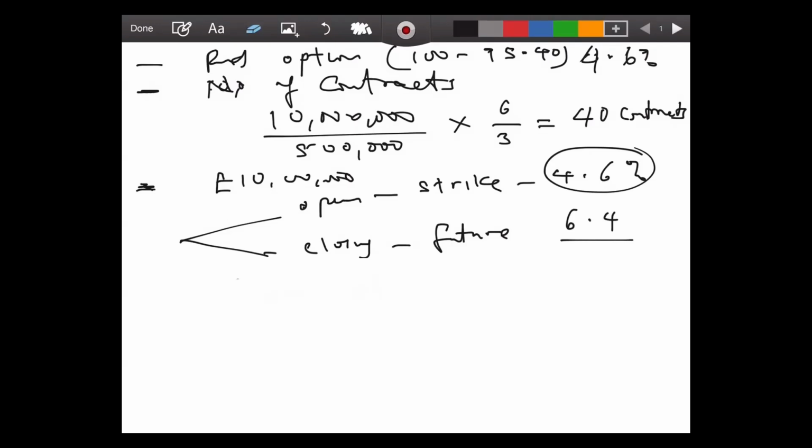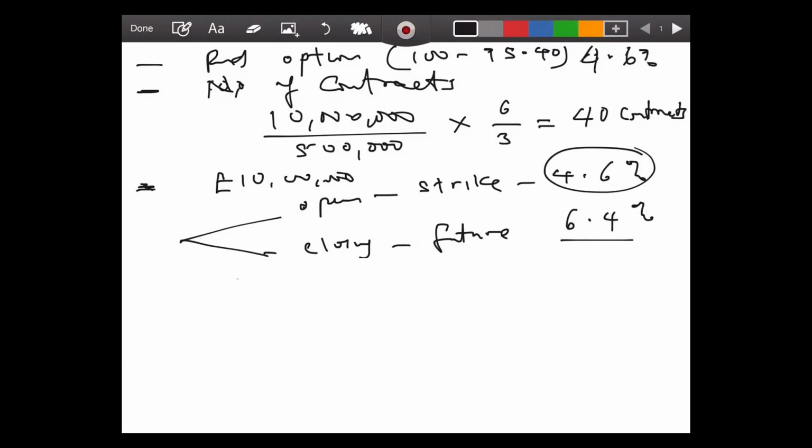6.4%. So should the company exercise, or should the option be allowed to lapse? Opening futures, the company is paying interest at 4.6, and the company will close by receiving interest at 6.4.